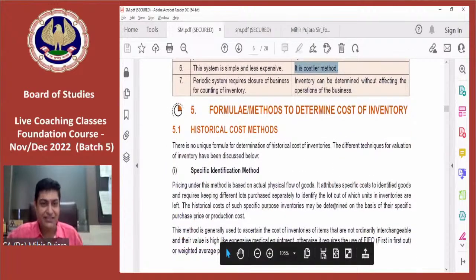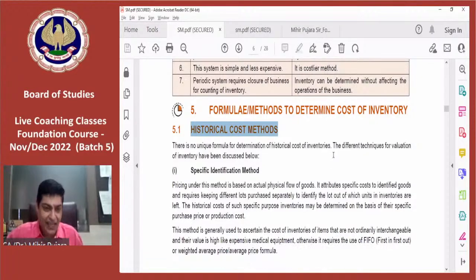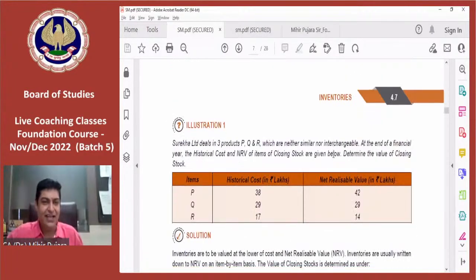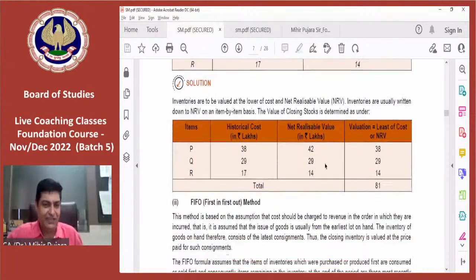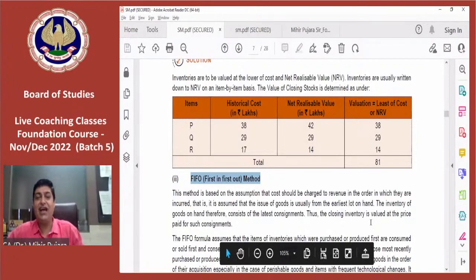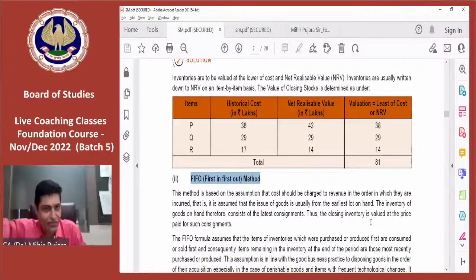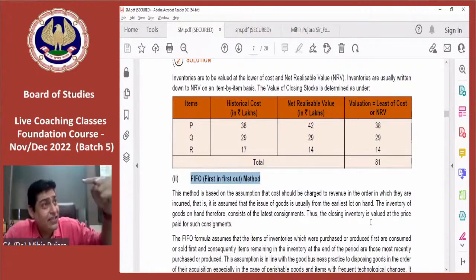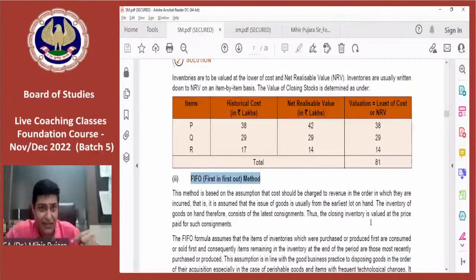And now, guys, we are starting with the historical cost method. And in the historical cost method, the first method is FIFO, first in, first out. What does it mean? Sir, the sequence in which we have purchased the inventory, we will sell in the same sequence.